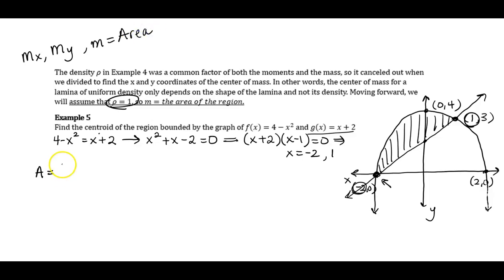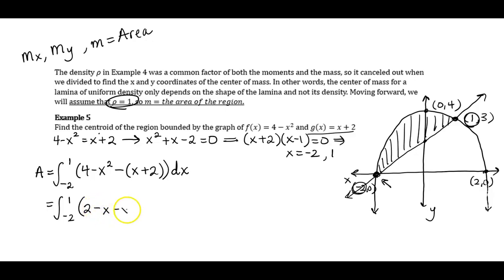So going back to 7.1, if we were asked to find the area of this region, we would integrate from -2 to 1 of the top function, which is the parabola, 4 minus x squared, minus the bottom function, which is the line x plus 2. And we do need to make sure to wrap that in parentheses so that we distribute the negative. So we have the correct integrand of 2 minus x minus x squared.